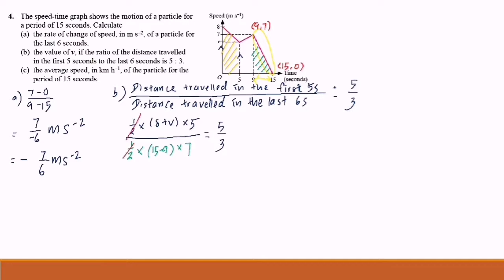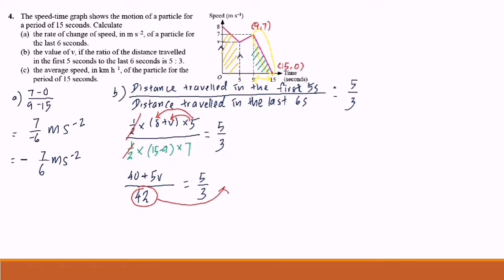Now we simplify it. 5 times 8 and 5 times V equals 40 plus 5V over 2 equals 5 over 3. Now I move 42 to the right hand side.